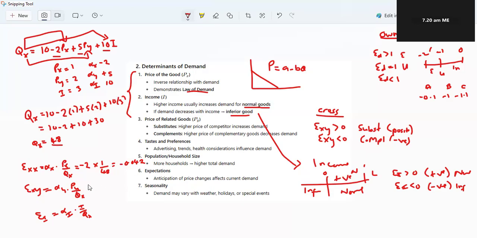All right. Then here, what was the gradient for good Y? 5, right? And then what was the actual price for good Y? 2 kwacha. And the quantity? Standard throughout is 48, right?